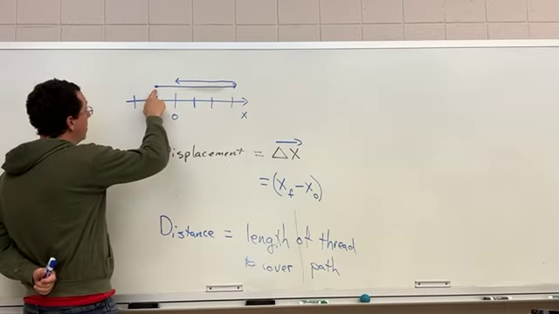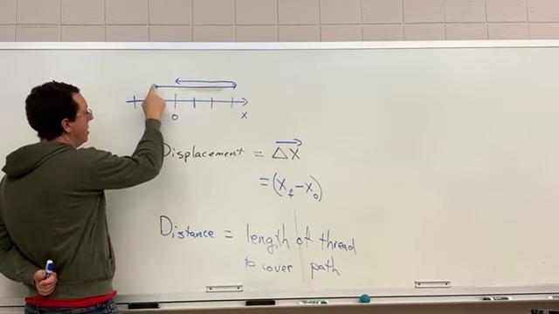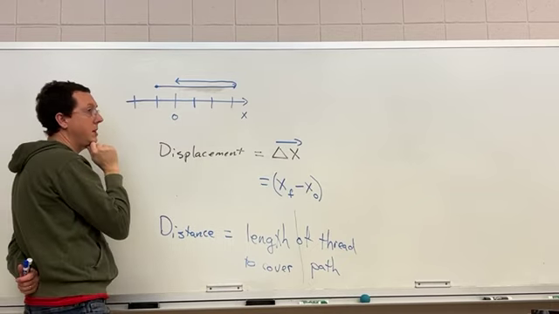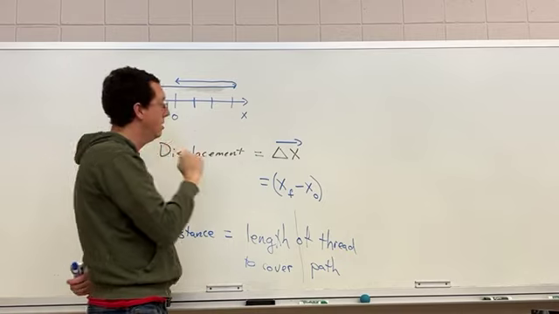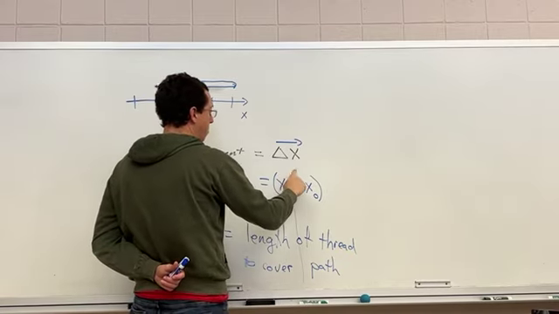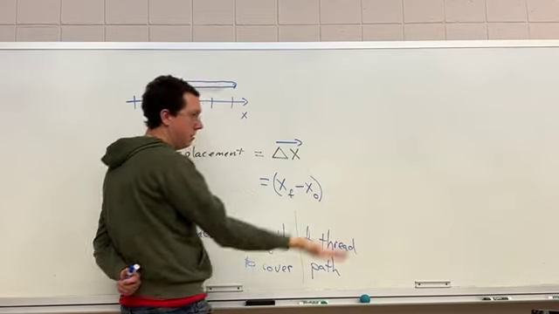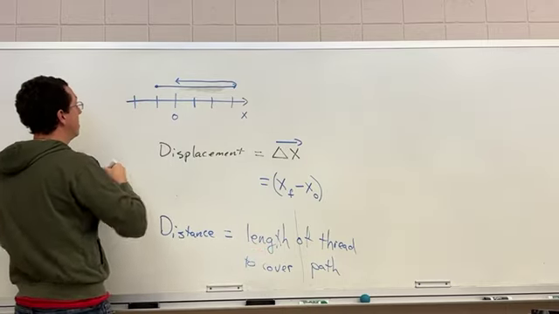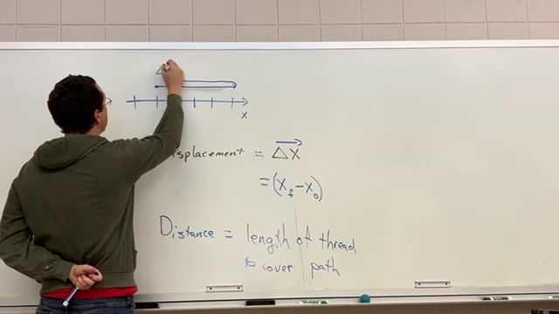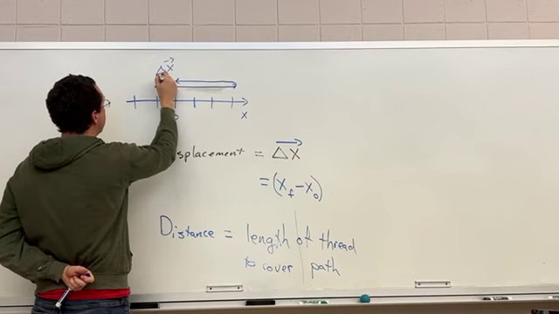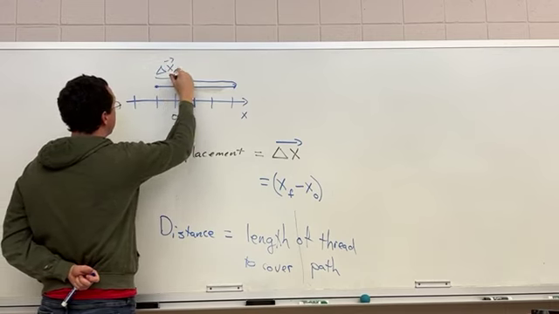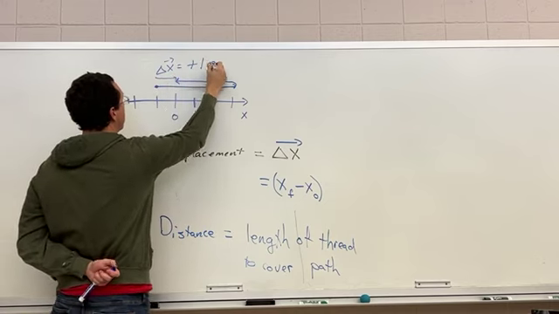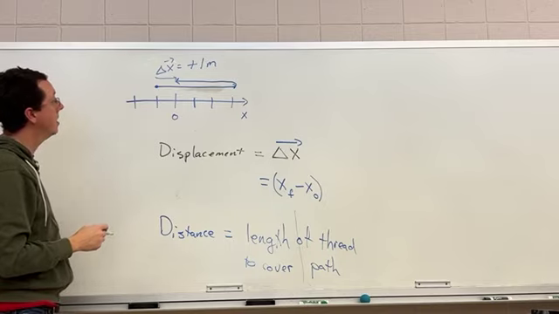So the initial position would be -1 and the final position would be 0. So it would be 0 minus -1, which is plus 1, because the displacement, delta x, I can think of as a vector from start to finish. It's plus 1 meter.